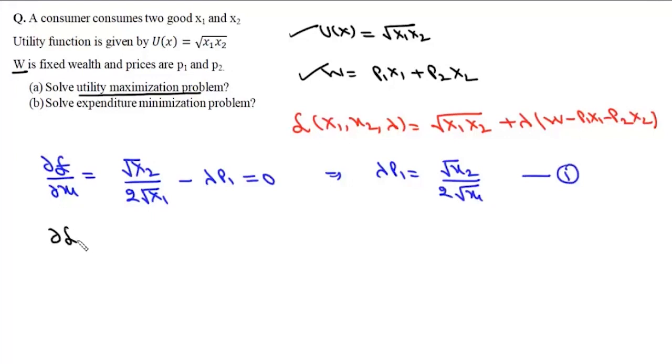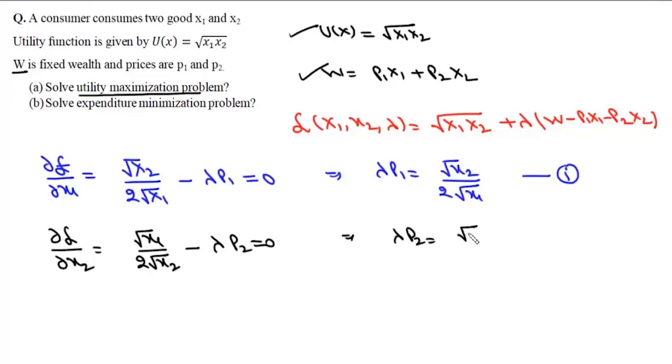Now we'll differentiate with respect to x2. It will be square root of x1 upon twice square root of x2 minus lambda p2 equals 0. So lambda p2 is square root of x1 upon twice square root of x2, and that's our second equation.